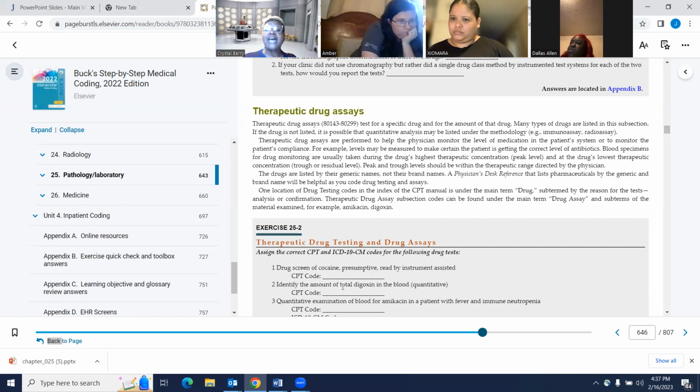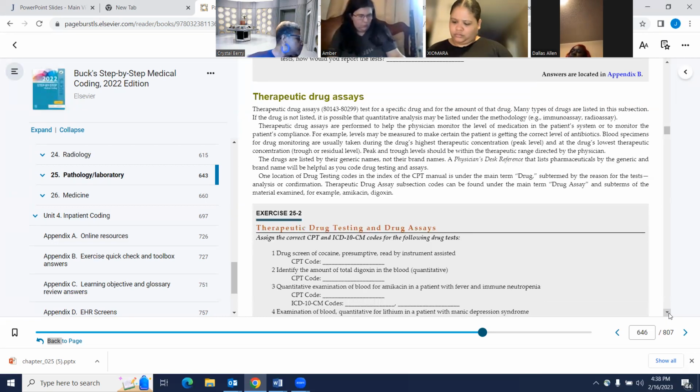And it says identify the amount. So what is that telling you? It says right here, test for a specific drug and for the amount of that drug. So it's going to be in that code range of 80143 through 80299. See, the terminology is different. This here wants the quantitative, which is the amount. The other one was read by instrument, presumptive.